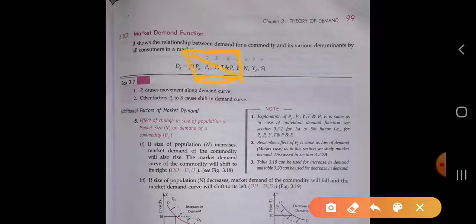So we will not discuss all these; we will discuss only these three: distribution of income, season and climate, and population.